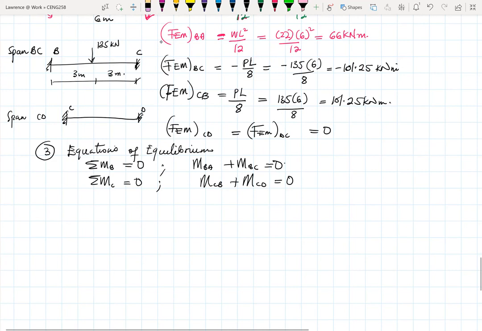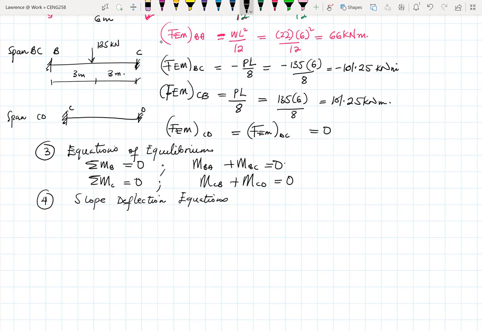Once we have the equations of equilibrium written out, our next step is to write the slope deflection equations. So we'll start with MAB.